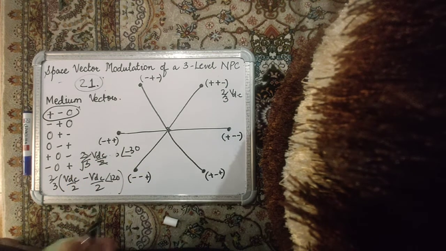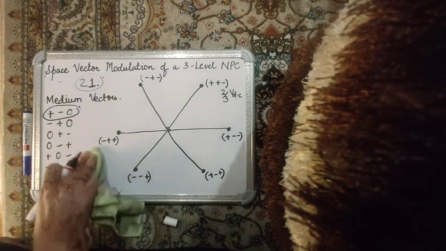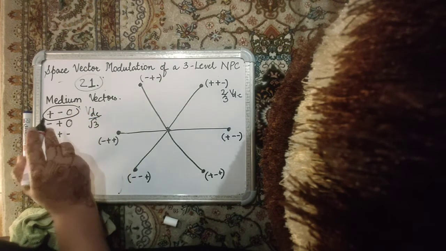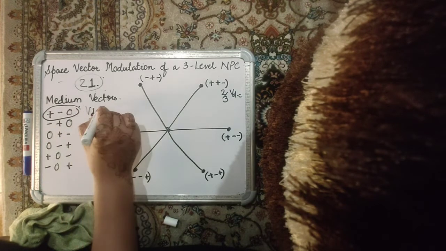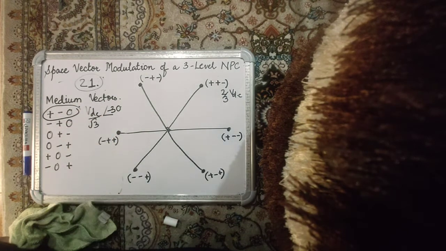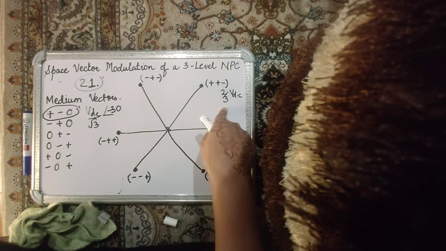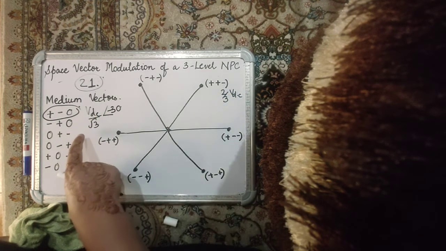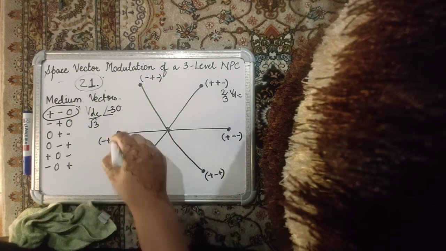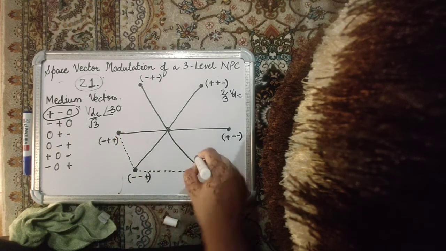So the medium vector will have a length of VDC by root 3, and for this particular switching state, the vector will be at an angle of minus 30 degrees. If you do all the others, their lengths will continue to remain VDC by root 3, which is less than 2 by 3 VDC. So it's medium in length, and its angle will keep changing on the space vector diagram. Now, the biggest possible hexagon was created by the large vectors.